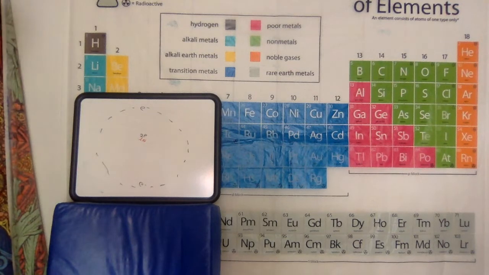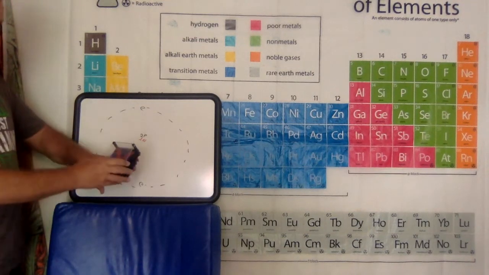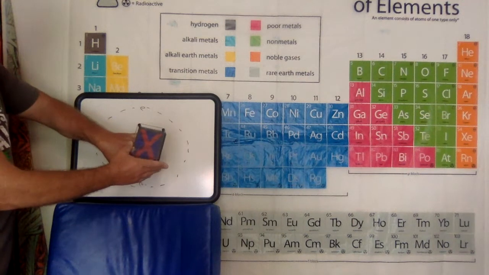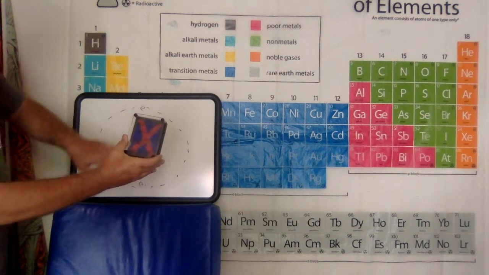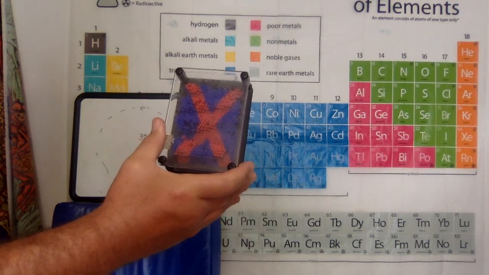Now this is not a real picture of what helium looks like, but it isn't that bad. People tend to discount it and say how wrong it is, and I showed earlier how it's very wrong. But look, does that look like my fingers? If you just had that, that would be an image of my fingers.